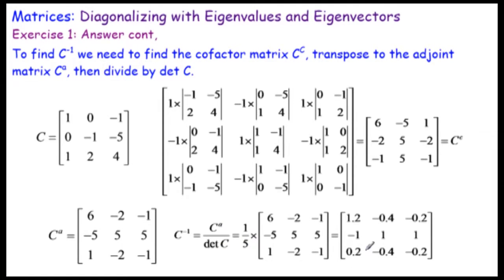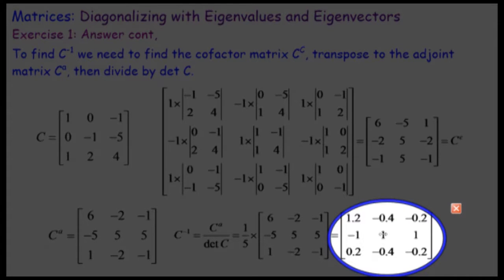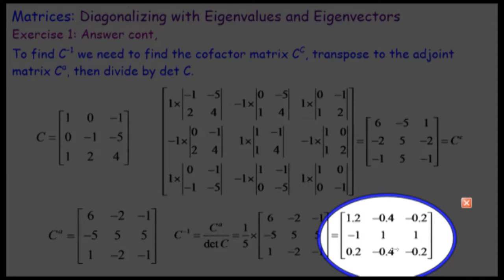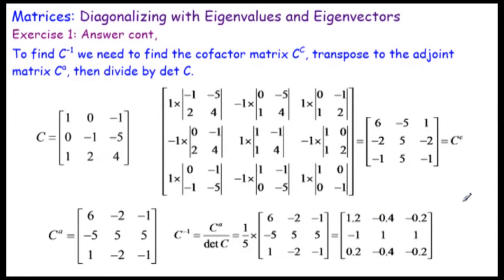So eventually, with a lot of work, this is now our inverted matrix C. It's a bit tricky because it has dividing by 5, so we've got decimals coming throughout here. That was a fair bit of work involved in there.